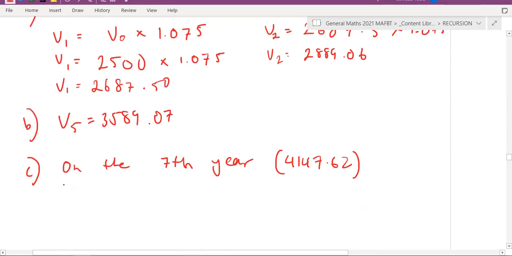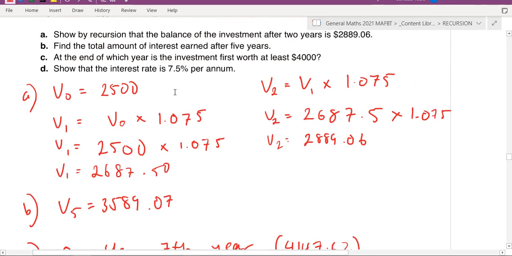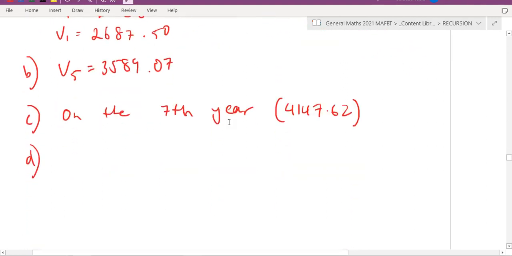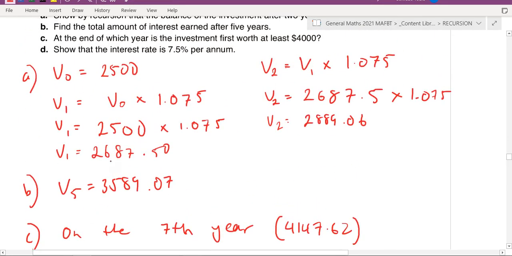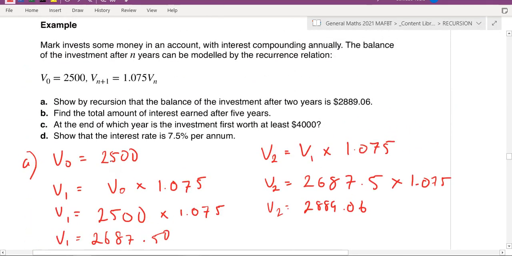Okay, part D. Now, this one here, I think we've already done a little bit of it before. How to find or prove that the percentage is 7.5% per annum. Remember that rule, percentage, to find it. The question is just saying, prove that the percentage rate is 7.5.